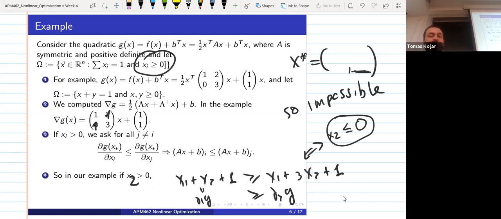Because if it's strictly positive, you get a contradiction. So x2 is 0. And then x1 can be anything. It has to be strictly positive. Could it be 0? It might be 0. Actually, if it is 0, you get a contradiction, right?